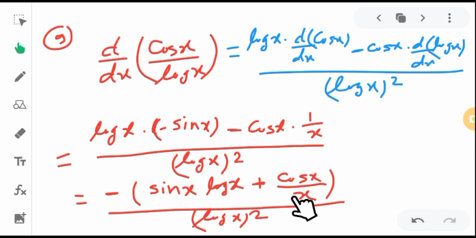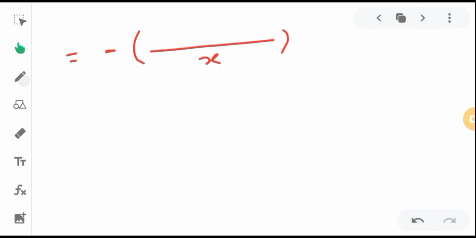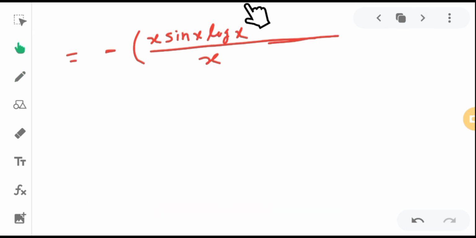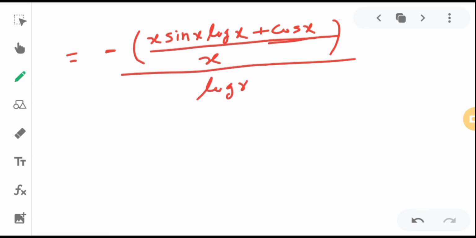So x LCM I will take, so minus, and inside the bracket I will take x as LCM, then x into sin x log x, and after that it will be cos x, so plus of cos x, and whole divided by log x whole square.